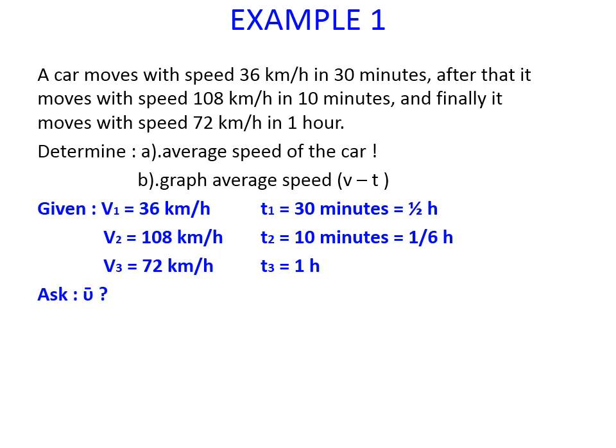For A, average speed equals s total per t total. To determine s total, first we have to determine s1, s2 and s3.